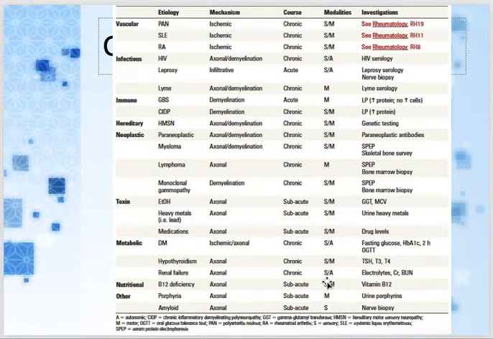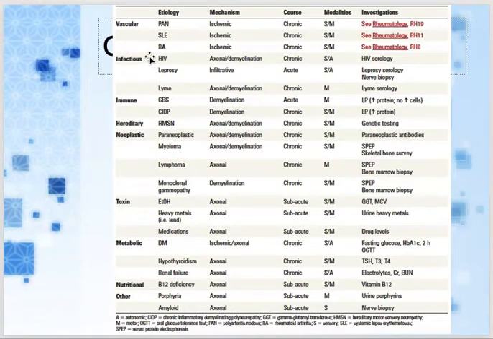If you pay attention, see what the causes of peripheral neuropathy are. Vascular causes are there, infectious causes are there, immune causes are there, hereditary conditions are there, neoplastic causes are there, toxins can cause, metabolic conditions can cause, nutritional deficiencies can cause, and other things are also there.